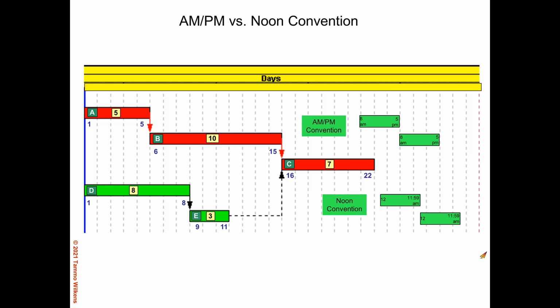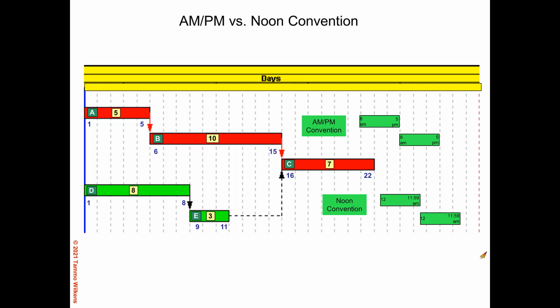What that means is that the finish date of the predecessor and the start date of the successor will not be the same date. And most people are quite comfortable with that. It does, however, complicate the calculation, which the computer does, so you don't have to worry about it, except you should understand it. And that has to do with calculating the finish date.